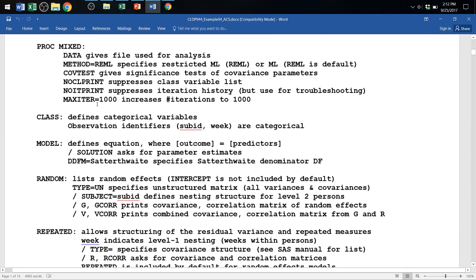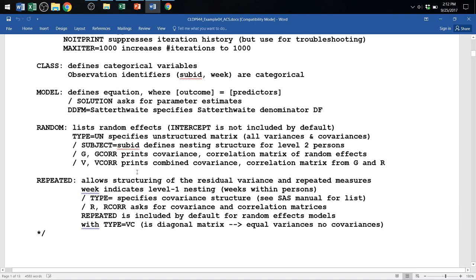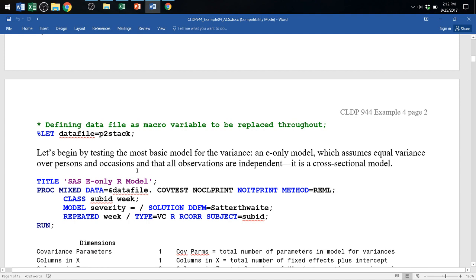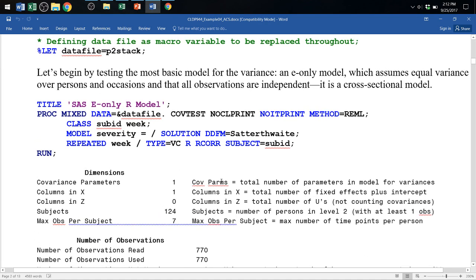I have a little bit on the PROC MIXED stuff here, just in case you want to get a refresher on what the commands give. So let's start with the simplest possible model for pedagogical purposes that says there's no covariance over time between occasions. That's my E-only model.